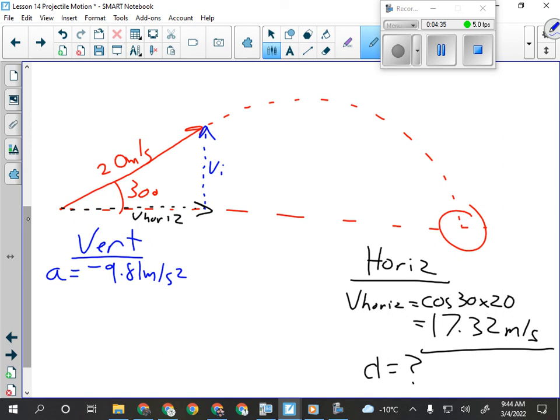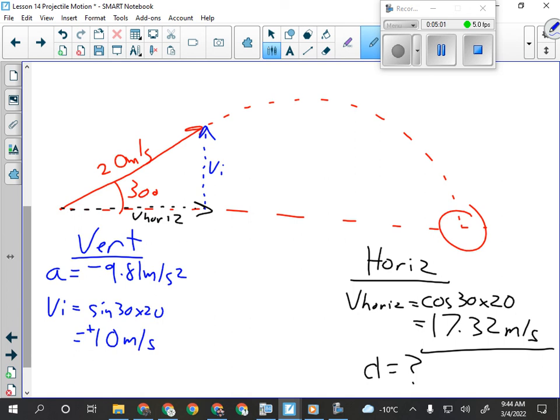Everyone okay with that idea? Okay. How would I calculate that side? Sine of 30 times 20. So, positive 10 meters per second, or 10 meters per second up.